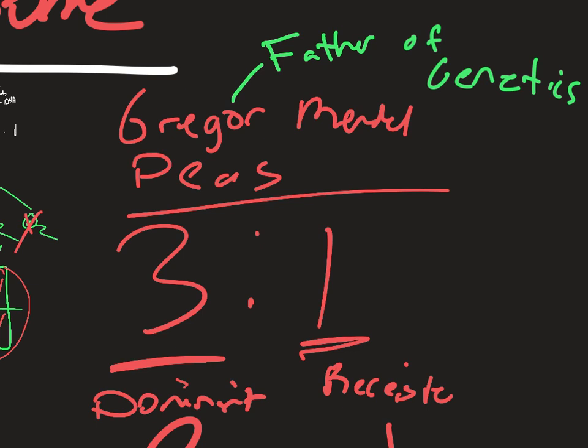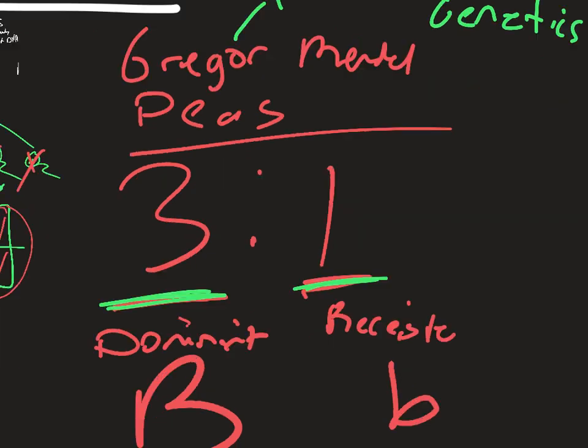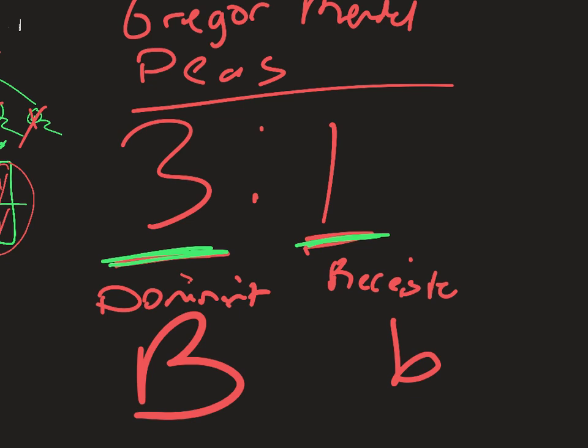And he came up with a bunch of numbers. And he noticed that we see certain things 3 times compared to certain things 1 time. And because of that, he called them dominant and recessive. Dominant are things that we see more often. Recessive are things that we see less often.